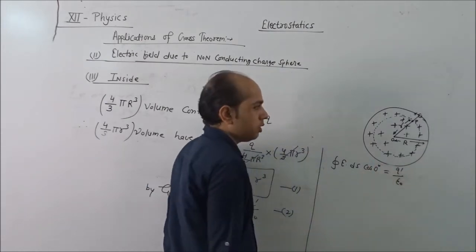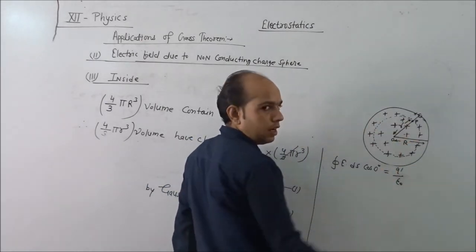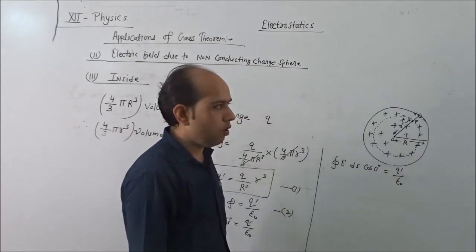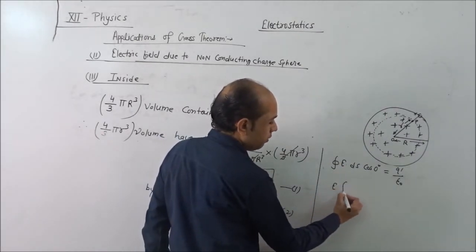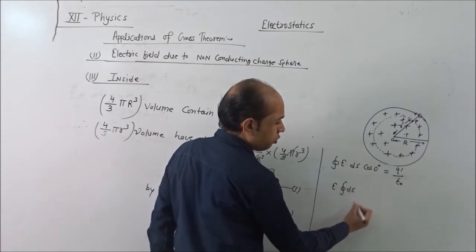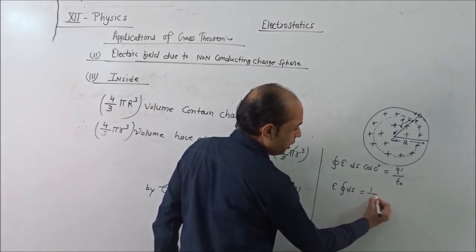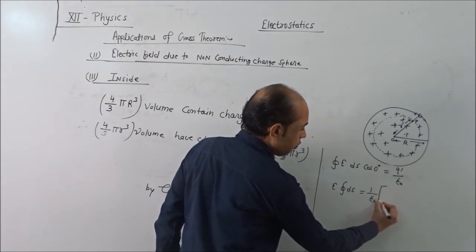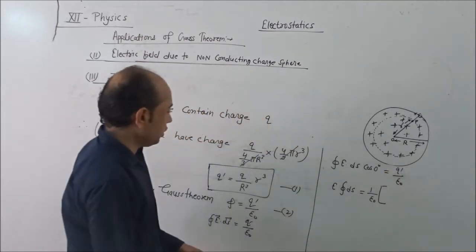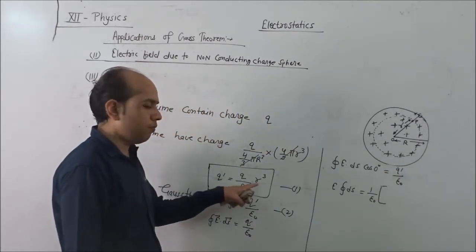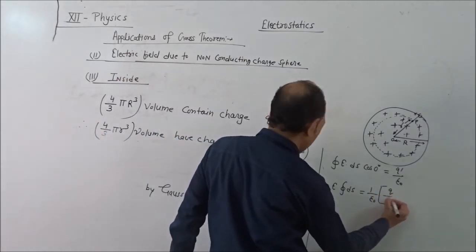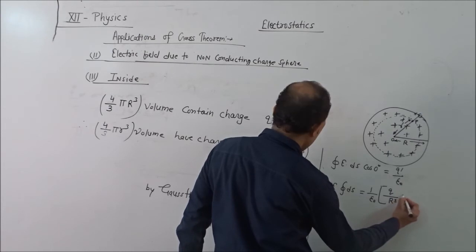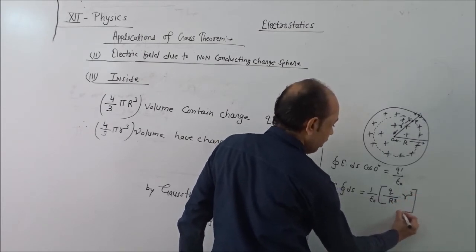Here q dash means how much charge is inside the small sphere of radius small r. So E is outside, integration of ds cos 0 is equal to 1, and 1 upon epsilon naught remains the same. The value of q dash is q upon R cube with small r cube.